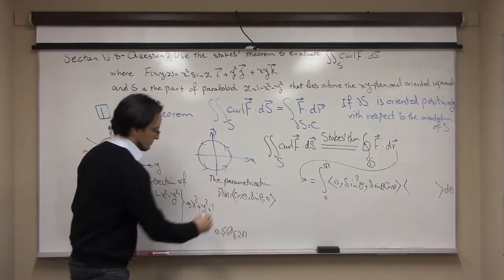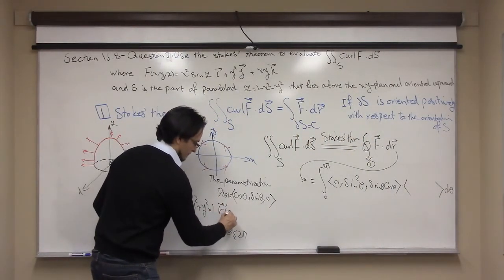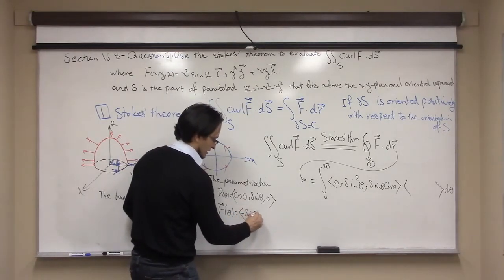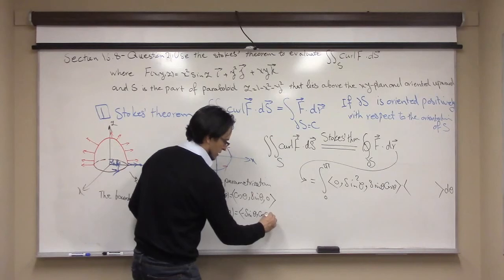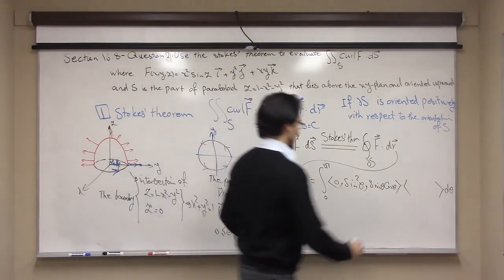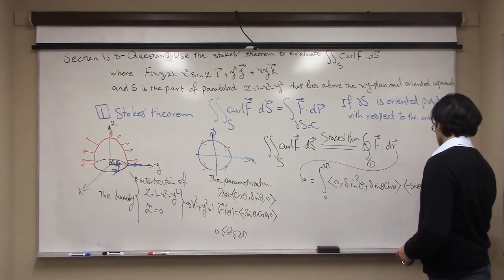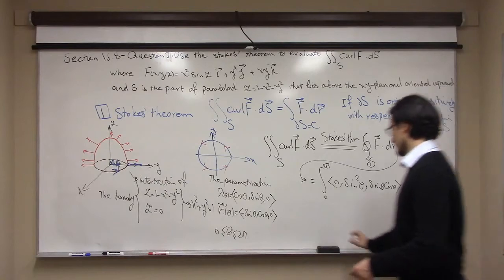So I have to find r prime. That's r prime is minus sine theta, cosine theta, 0.